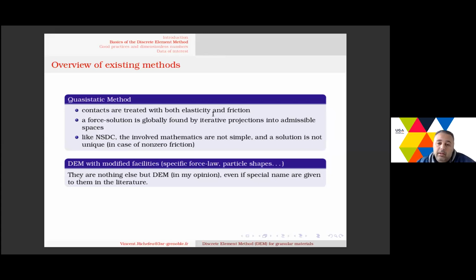There are other kinds of DEM, because some authors in the literature give special names to their method, but actually they are DEM, but with a special feature. For instance, they change a force law, they add special cohesion, and they rename DEM as something else. They change the shape of the particles and they rename it.